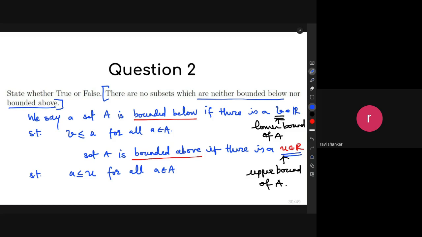If you are saying that it is a false statement, that means you need to come up with a subset which is not bounded below and not bounded above.